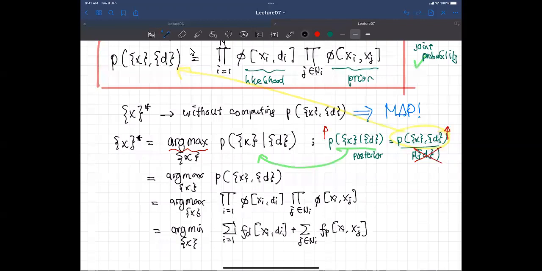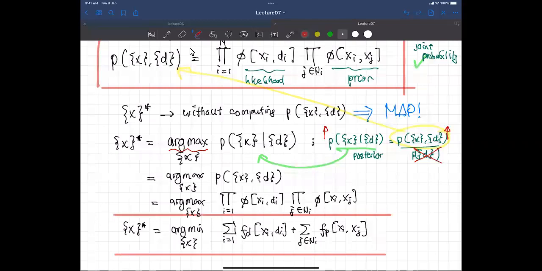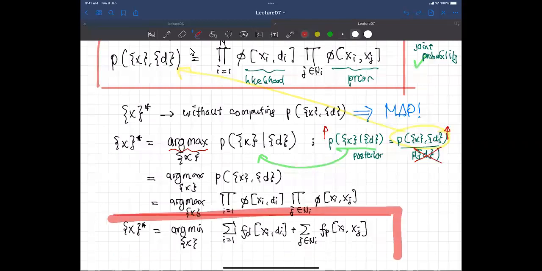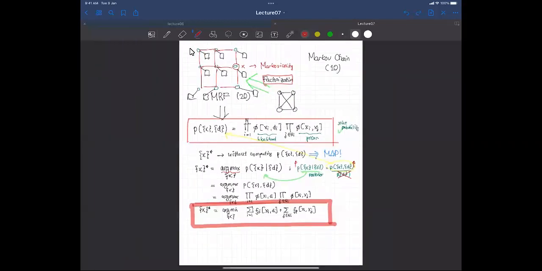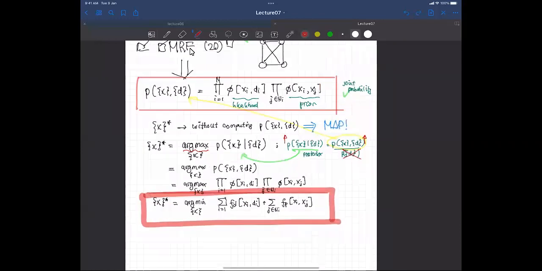So this is the mathematical equation that you will use in your assignment. Okay, so the last one is the most important one because you will use this in your assignment.